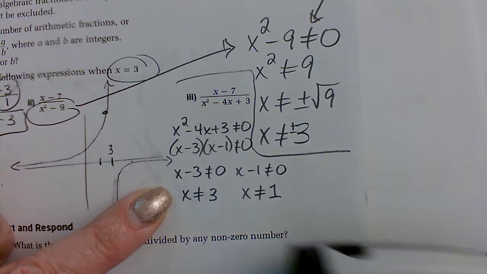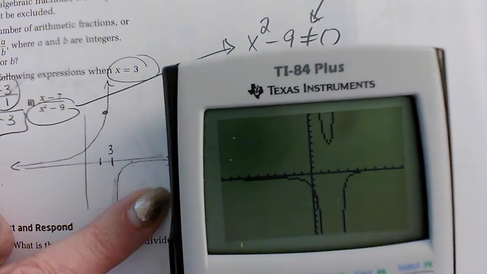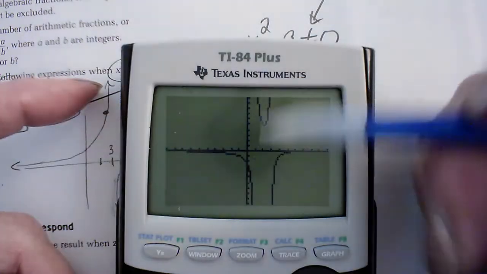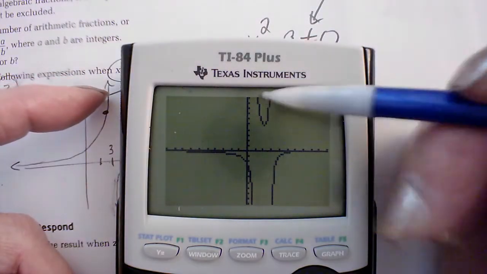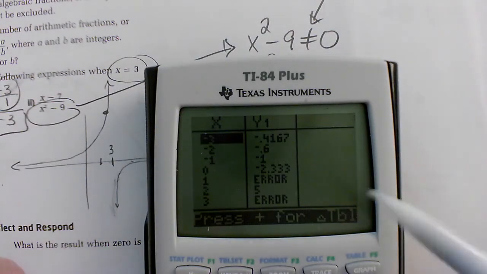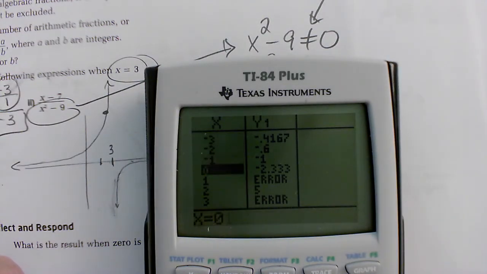Because, there it is: 1 and 3. They are right there, and right over here. And if you go into the table, you'll notice at 1 there's an error, and at 3 there's an error.